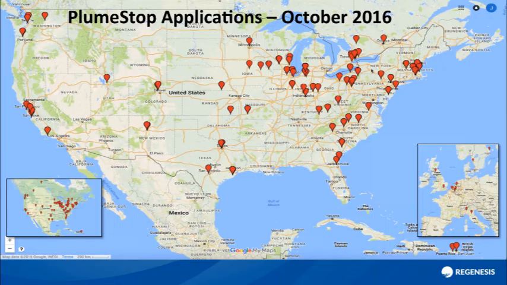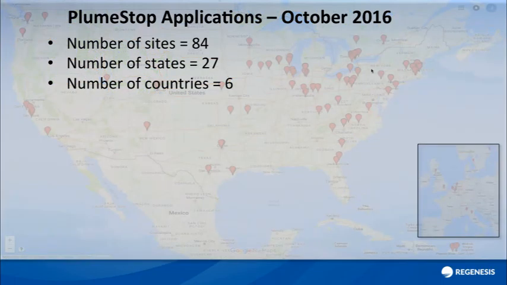In terms of statistics, PlumeStop has now been applied on 84 sites. Many of these had pilot studies beforehand, so there are more than 84 different applications, but there are 84 sites. They're through 27 of the US states and also US territories such as Puerto Rico. Next injection is down to Puerto Rico. I think I need to supervise myself.